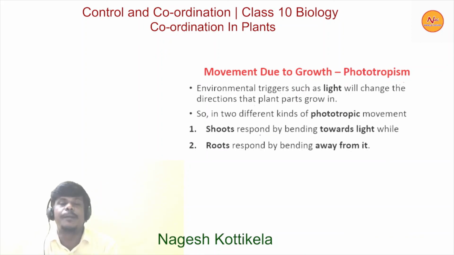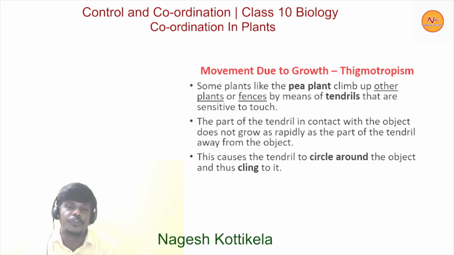And one more example we discussed is phototropism, and another example, thigmotropism. So all these movements, thigmotropism, phototropism, geotropism, hydrotropism and chemotropism, are growth related movements, and all these movements are directional movements seen in plants.